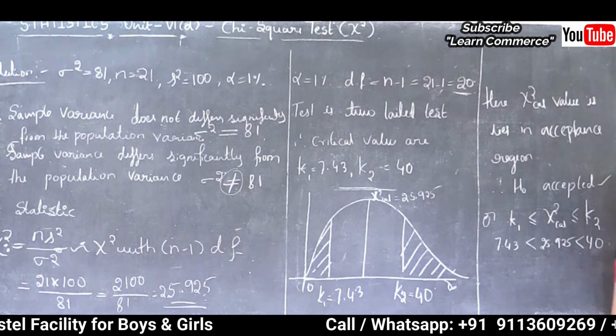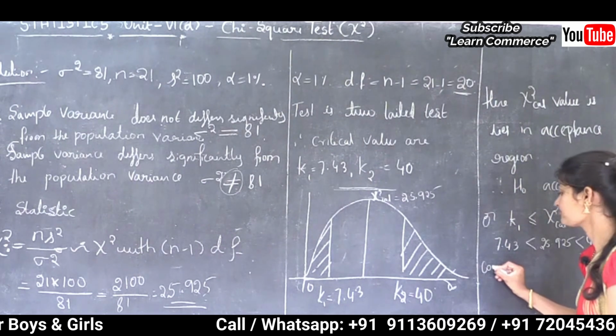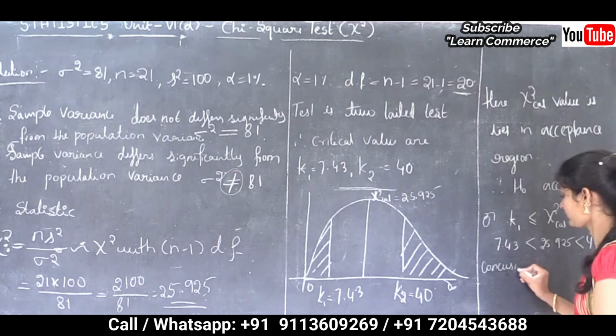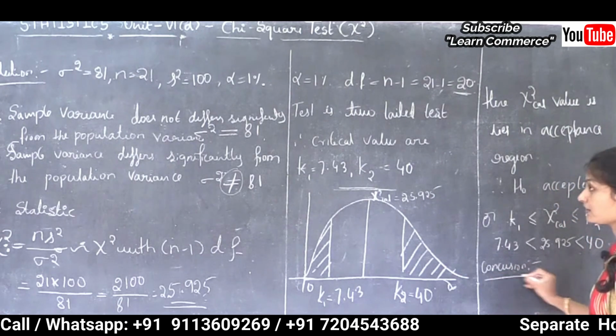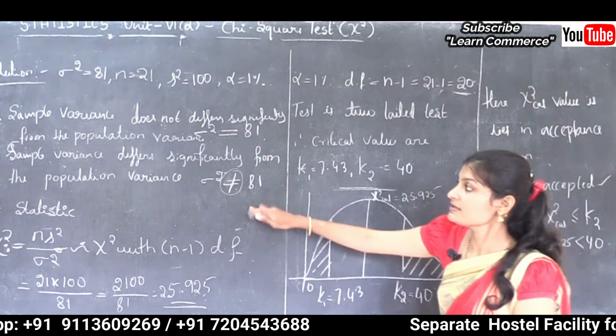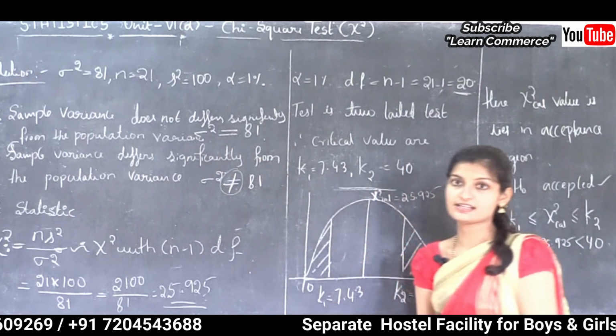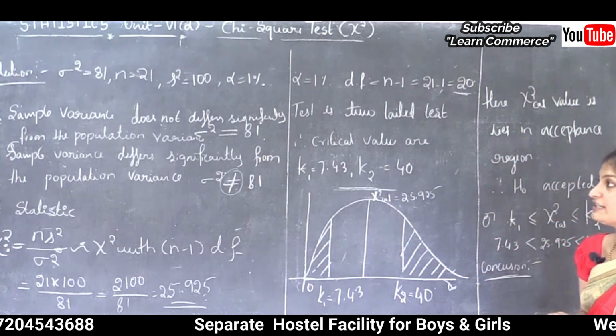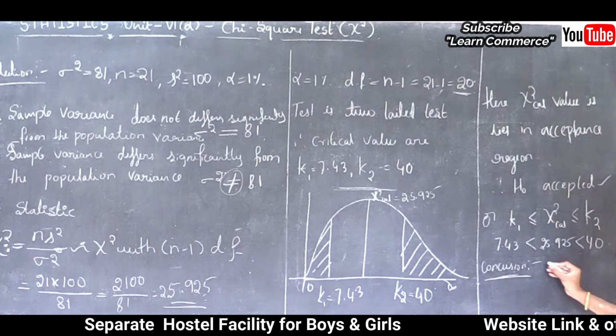If H naught is accepted, then the conclusion is: the sample variance does not differ significantly from the population variance.